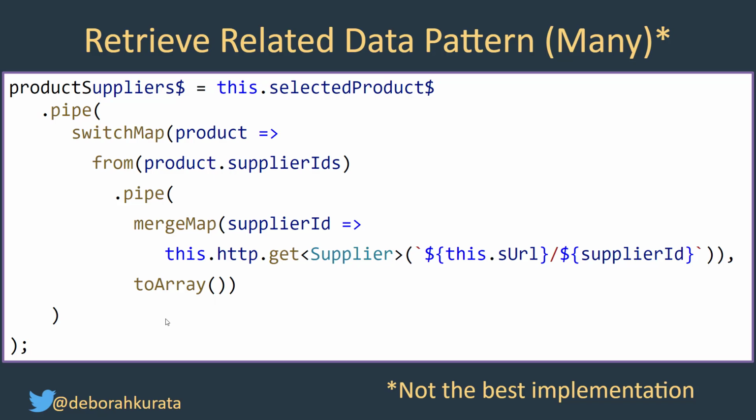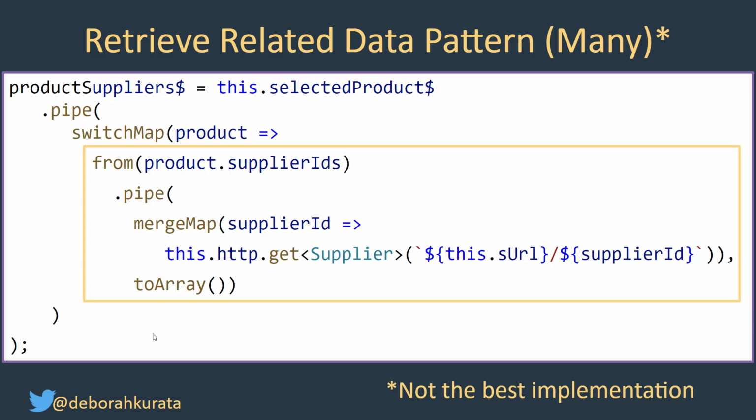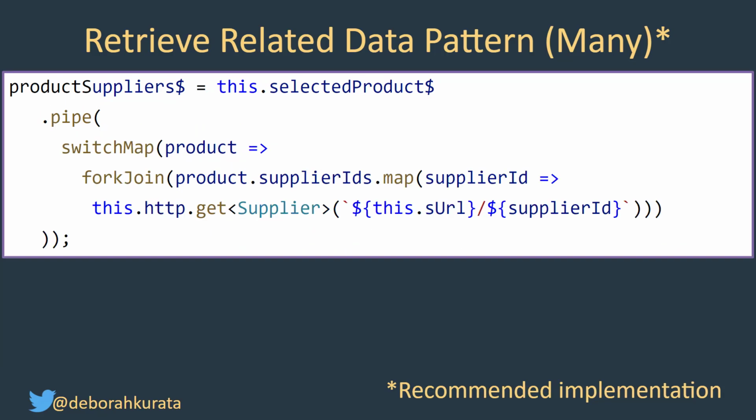So I said this is not the best implementation. What do you really want to do? Well, let's take this whole piece here and replace it with one operator. Anybody want to guess what it is? It is forkJoin. So what we can do instead is a forkJoin, and a forkJoin basically does what all that other stuff did, only it does it with one creation function, forkJoin.